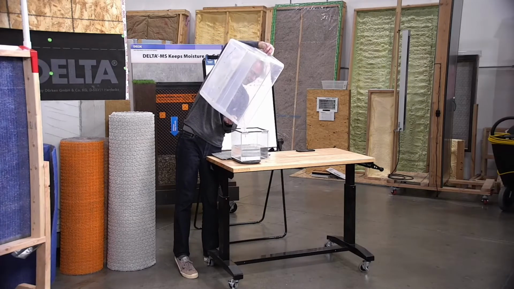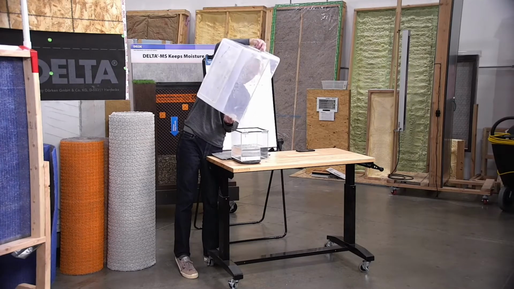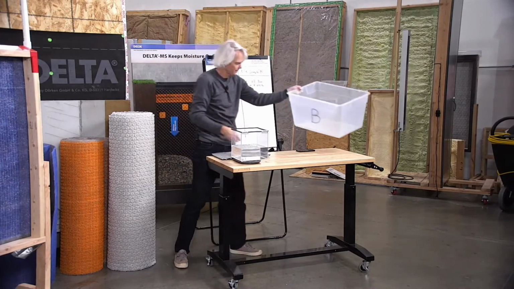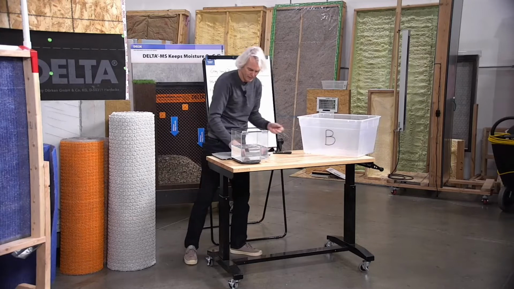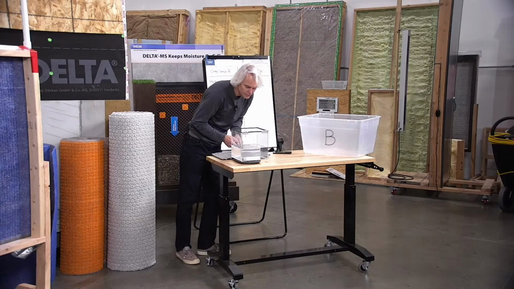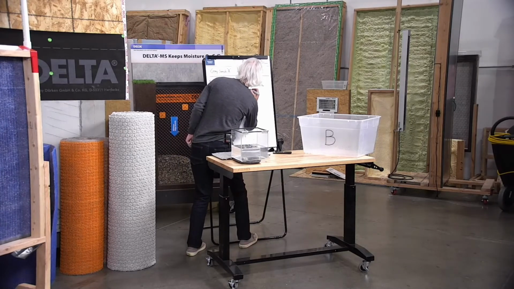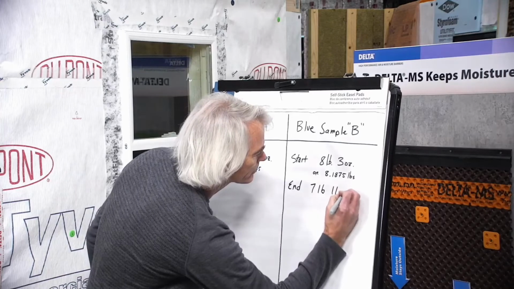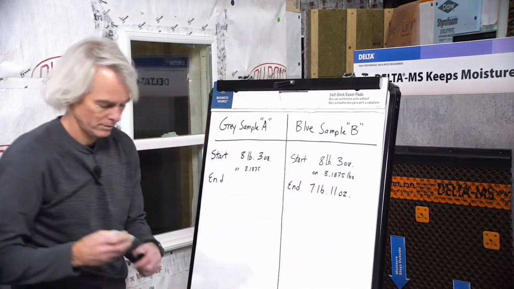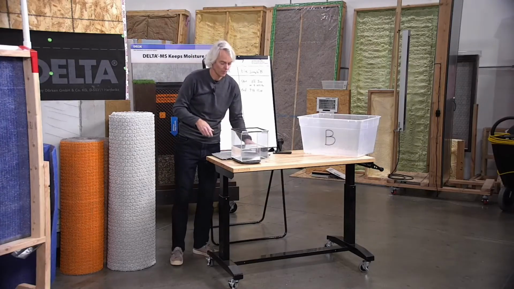And get to the last drop. And with this guy, sample B, we have 7 pounds 10, we'll call it 7 pounds 11 ounces that have been evacuated from the wall.